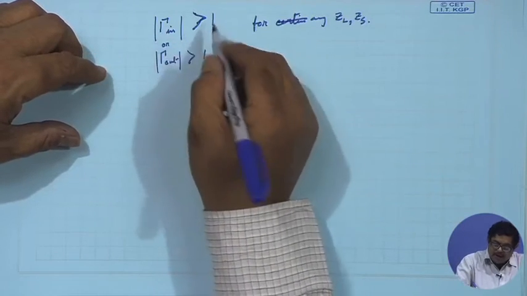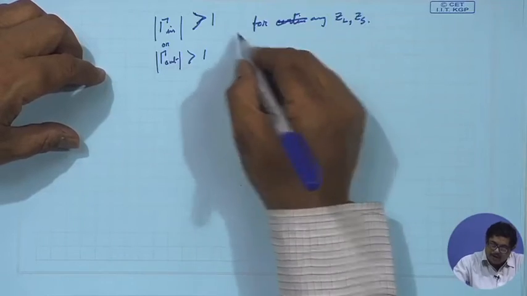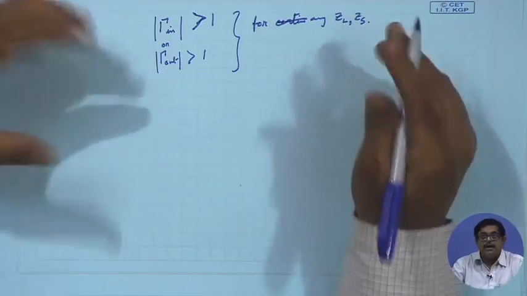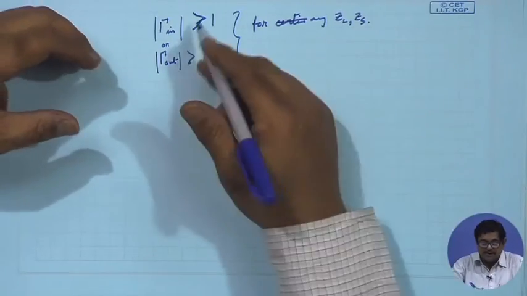So gamma in greater than 1 or gamma out greater than 1 for any choice of ZL, any particular combination of ZL and ZS, then we say that the device is potentially unstable.